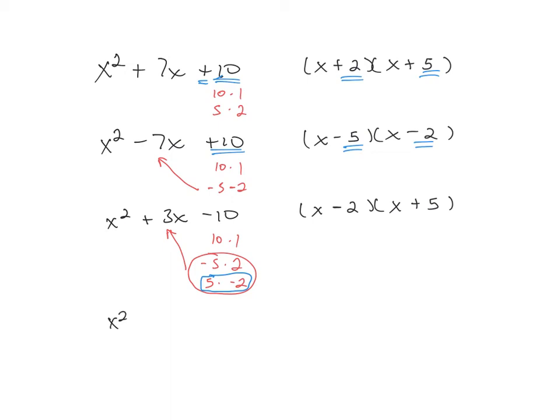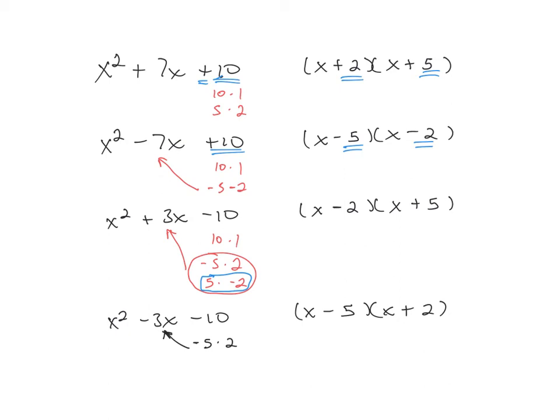Okay, and so if I changed the +3 to a -3, I still have x minus and x plus to make -10. But now I want to look at -5 and +2 to make -3. So the -5, +2.